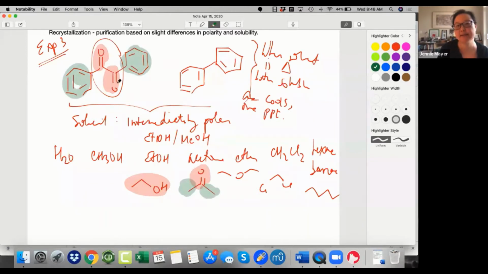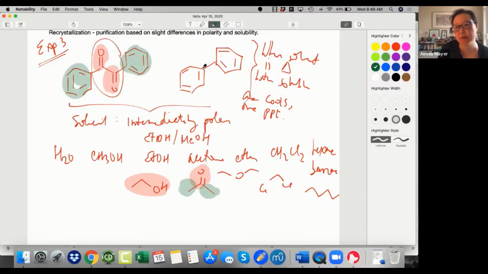Okay, so this is intermediately polar, this is intermediately polar. So that's a really good prediction that when these two dissolve in hot ethanol, or hot acetone, this guy will probably attract itself more, and then this won't be as attracted to this, because it's a little bit more nonpolar. So hopefully this might crash out first.